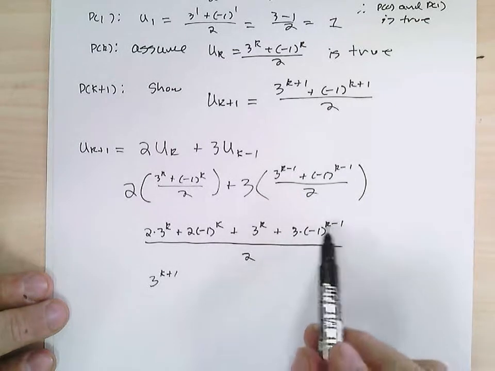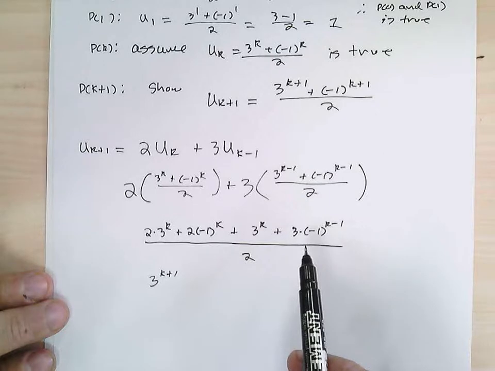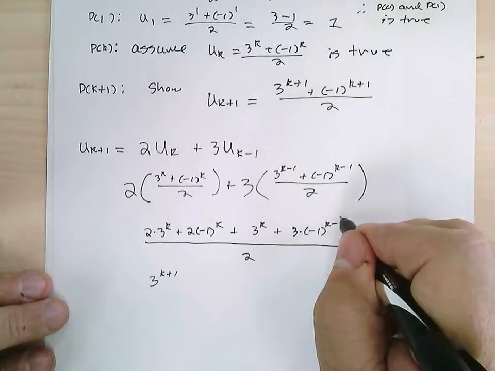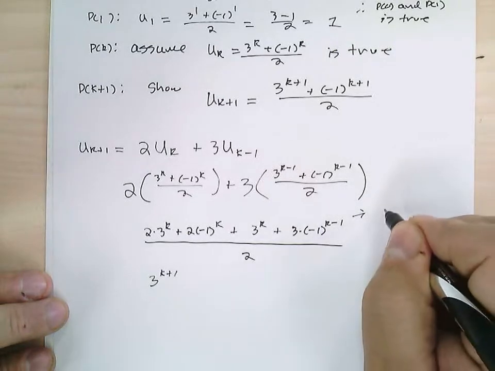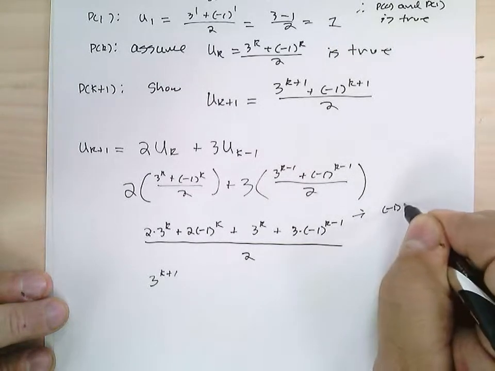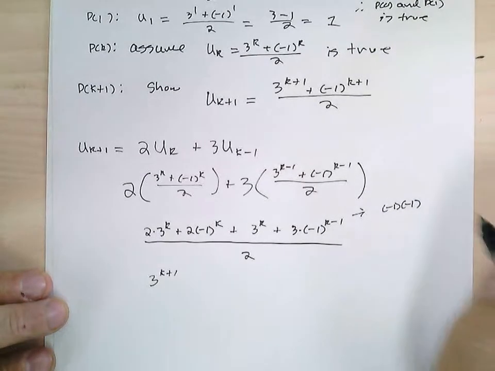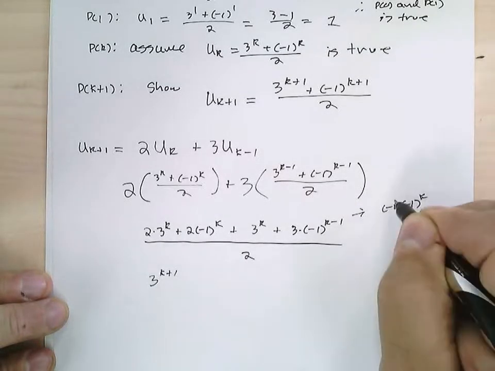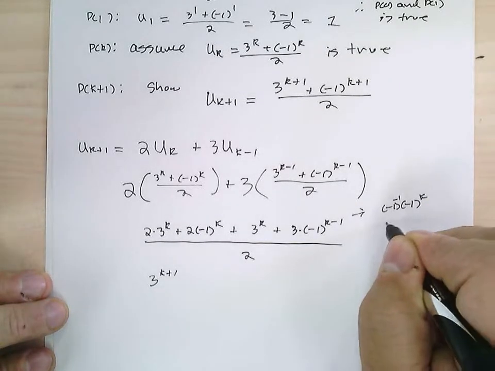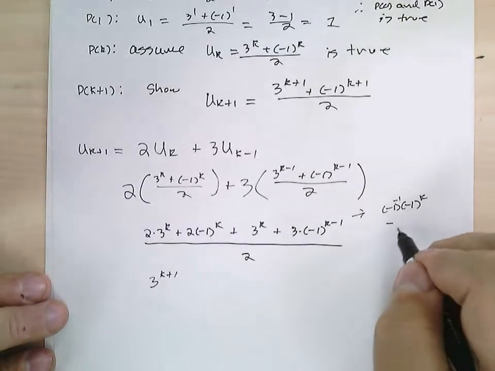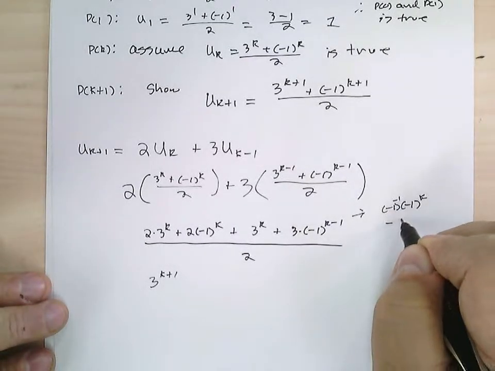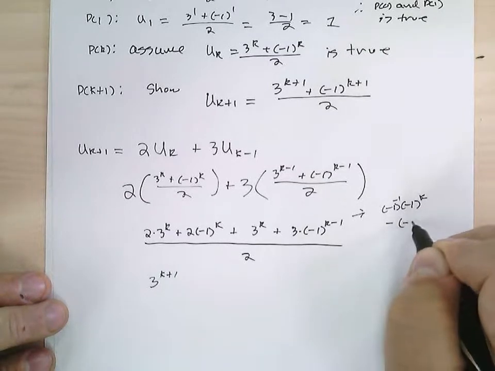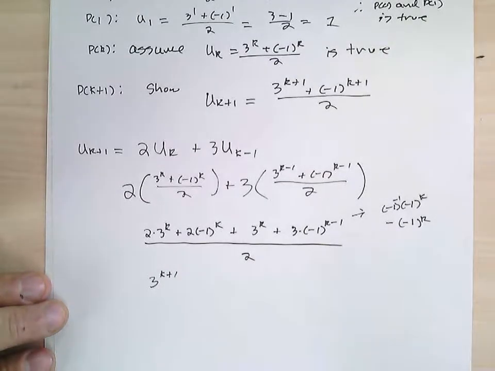These are not quite like terms, right? But I can work with this guy right over here, right? So what is this guy equal to? Well, if I take out the negative 1, I end up with (-1)^k, right? To the negative 1. So this ends up being just a negative 1 times (-1) to the kth power, right?